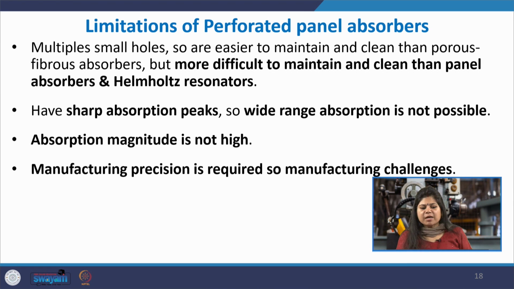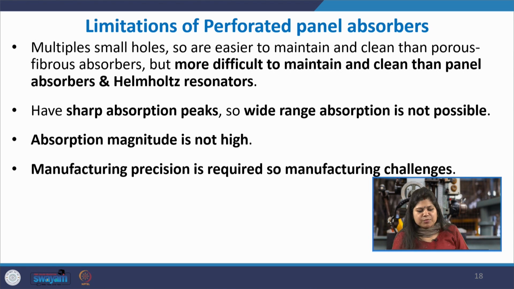And at the same time any kind of corrosion, rusting on the sheets, or clogging, or just the settlement of some dust or soot particles over the panel can lead to a change in its absorption response, because these holes can get clogged or changed.